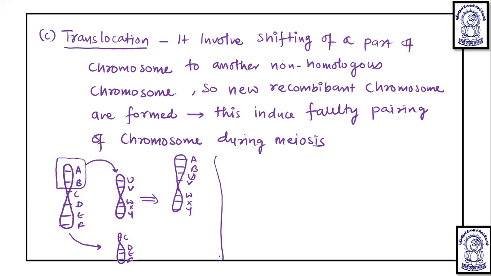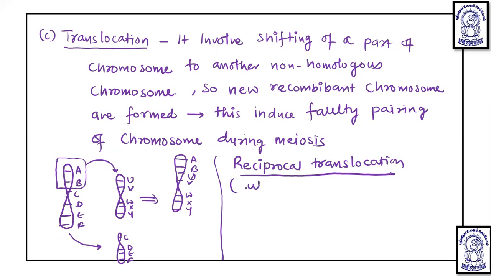Now one more type of translocation is the reciprocal translocation, one of the important ones, also called segmental interchange. In reciprocal translocation, what happens, dear students? There is a mutual exchange of chromosome segments between non-homologous chromosomes.